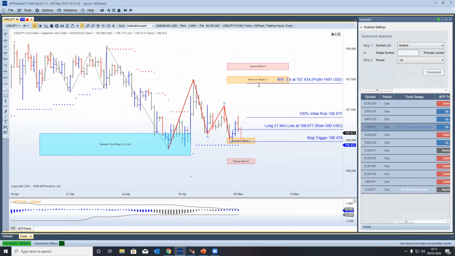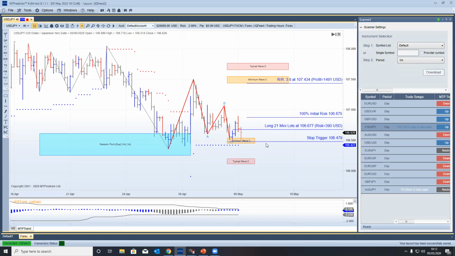If it goes right and it goes up to the target, the profit will be almost 4R. Let's call it 3.5 for easy maths. 3.5 or 3.8R. So the profit will be 3.8 times greater than the loss if the loss came through. And that's what we're trying to achieve with MTPredictor. We're trying to achieve a small slice out of when the picture becomes clear, having profits that are large and losses that are small.